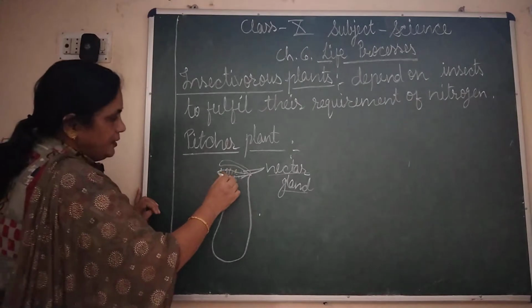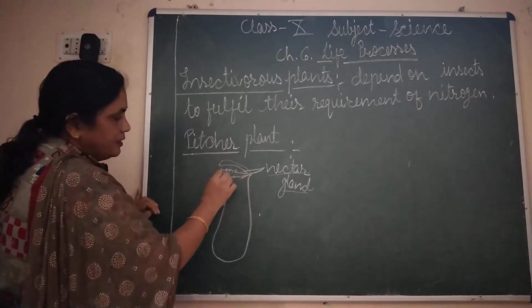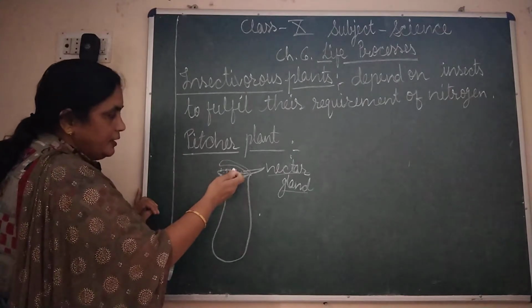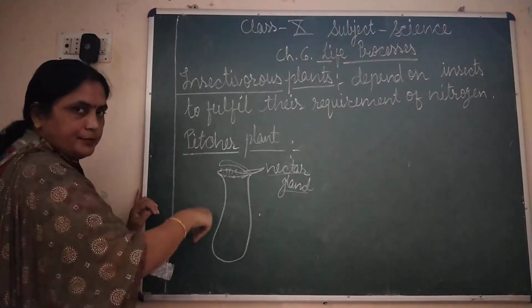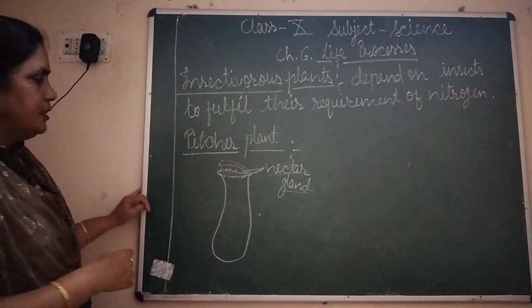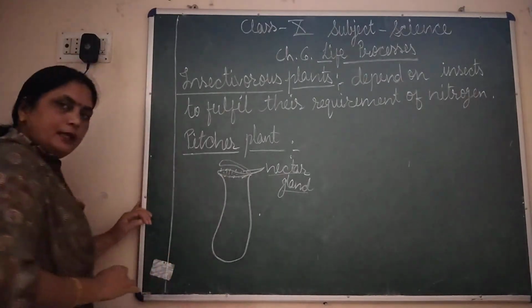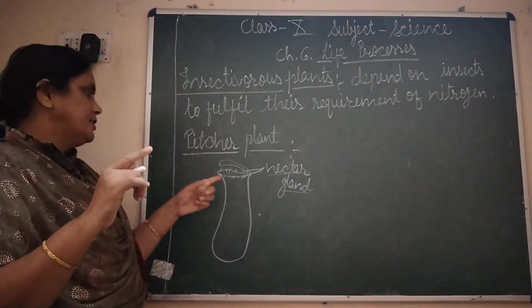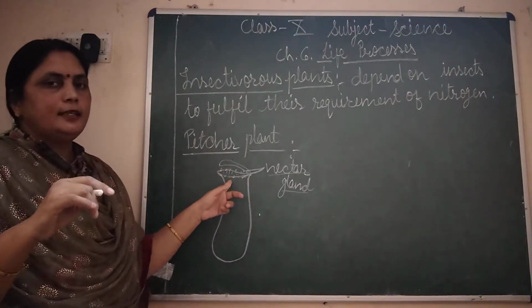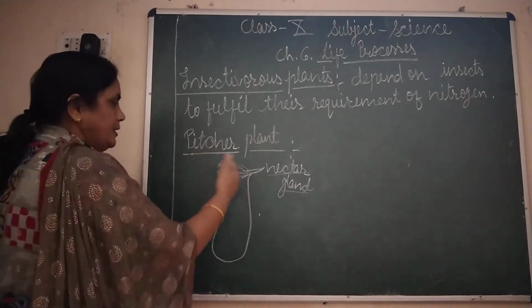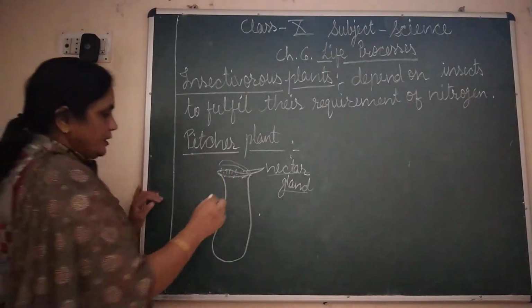As a result, when the insect is sitting on the periphery or circumference of its mouth, suddenly it slips inside the pitcher and at that moment the lid is also closed. So once the insect sits here to suck the nectar, it slips inside, and it cannot be freed because the lid is also closed.